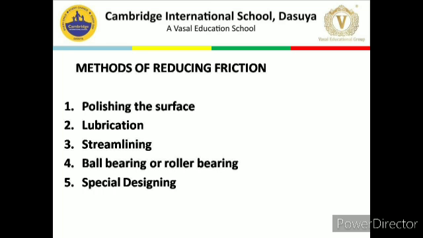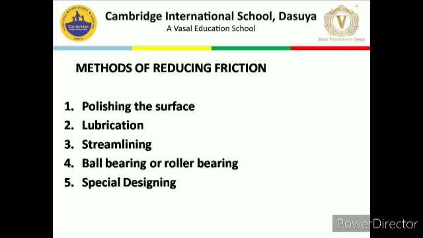Fourth point is ball bearing or roller bearing. The use of ball bearings and rollers generally reduces friction between surfaces as it changes the nature of the relative motion between the surfaces from sliding to rolling.